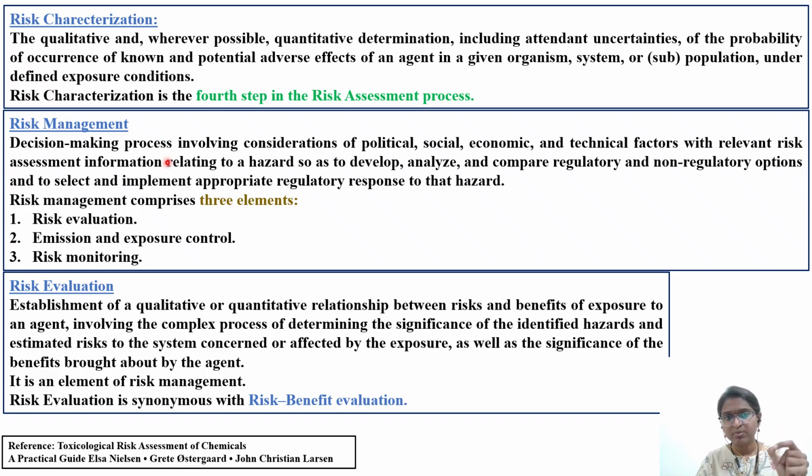So decision making process involving considerations of political, social, economic, and technical factors with relevant risk assessment information relating to a hazard, so as to develop, analyze, and compare regulatory and non-regulatory options, and to select and implement appropriate regulatory response to the hazard.